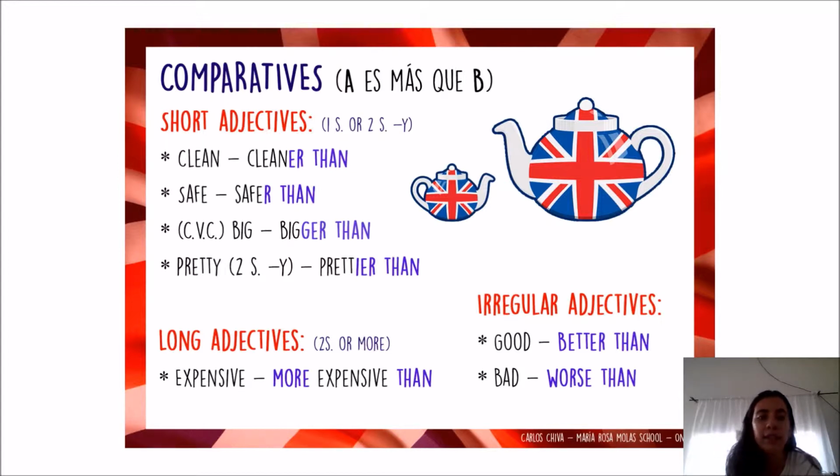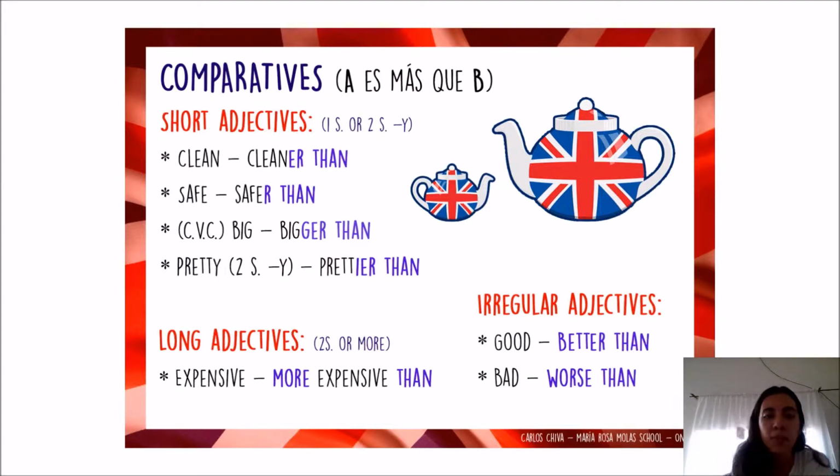With short adjectives, we add -er, and with long adjectives we use more before the adjective. For example, America is big, but Russia is bigger. I want to have a more powerful computer. Is French more difficult than English?